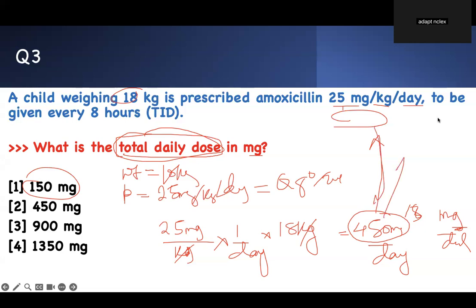But these doses are to be given every 8 hours, 3 times a day. That means the 450 has to be given 3 times a day to be a total of 450. That means you divide that into 3. So you have 150, 150, 150, and the patient will get 450. But the question is asking you for the total daily dose, which is that. That is the key for this particular question.